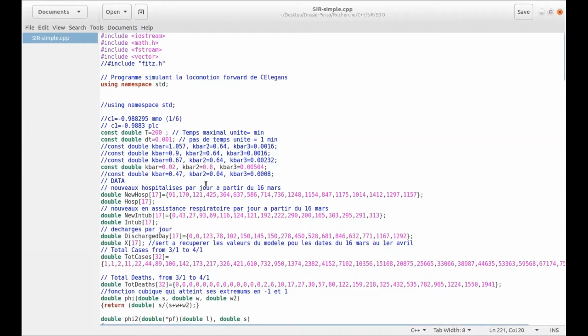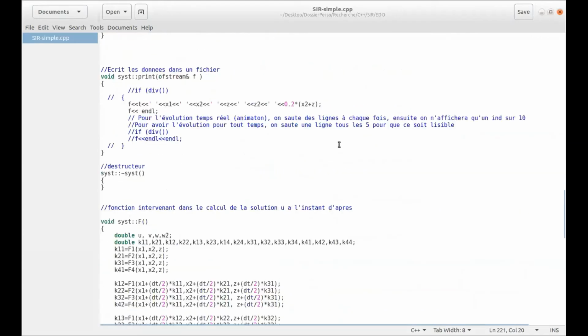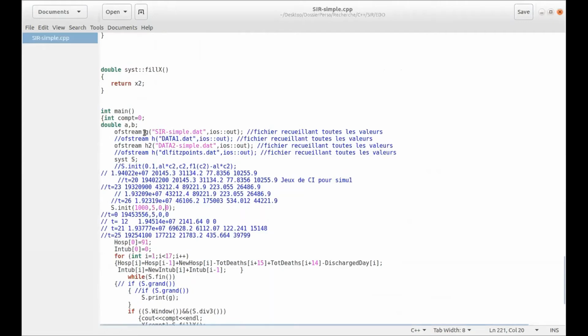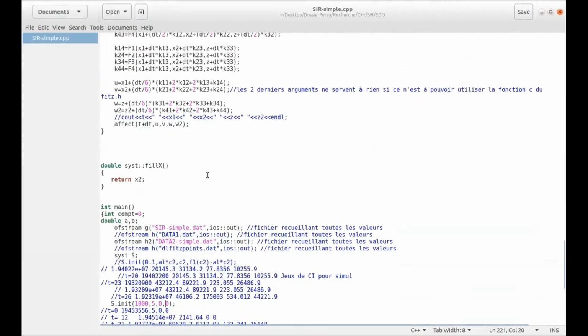So 0.1 divided by 4 is 0.025. And of course, my S0 is much larger than that. My S0 is 5,000.